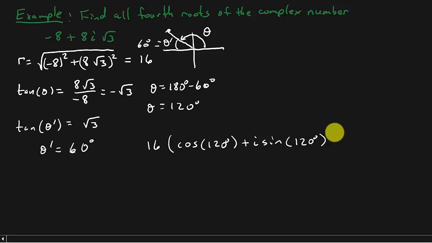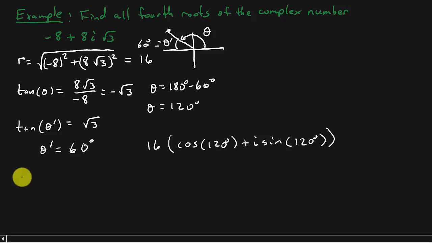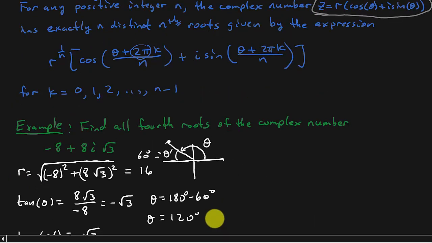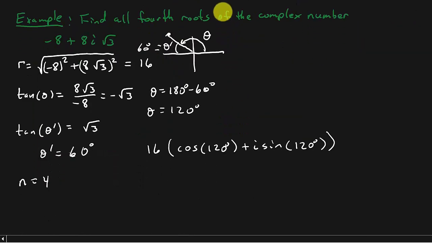There's our complex number, and we want to find all fourth roots. So we know n equals 4, because what does it say up here? It says it has exactly n distinct nth roots. We're looking for fourth roots, so n is 4.